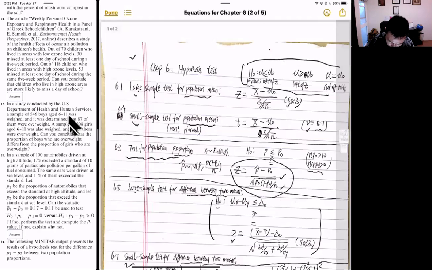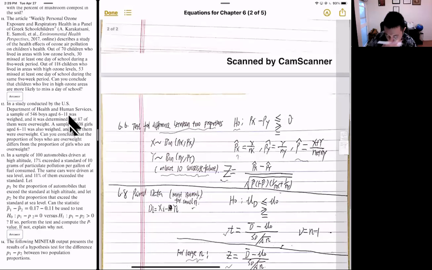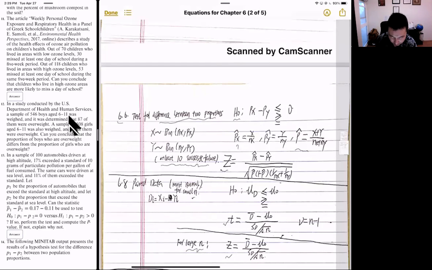So, section 6.6, difference between two proportions. The condition is that we have at least 10 successes and 10 failures, and we calculate the z-score here. That's the equation we're going to use.